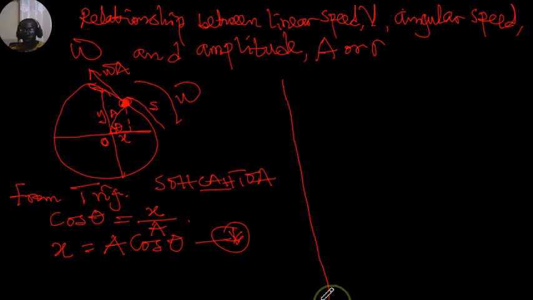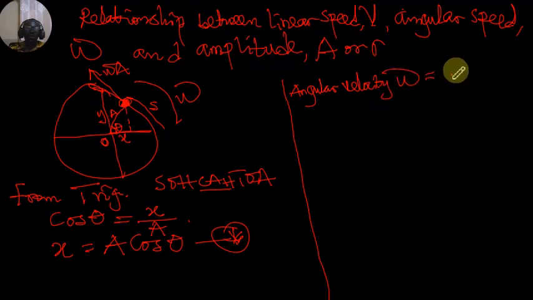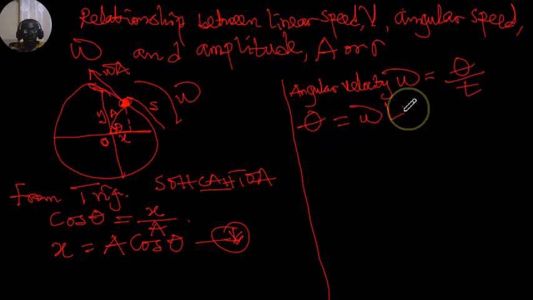But we can define angular velocity, or angular speed, omega, as what? Angle turned through by a body, which is theta, over the time taken for that body to turn through that angle. So if omega is defined as angle turned through by a body over the time taken, that means we can have angle turned through by a body, if you cross multiply, to be omega t.